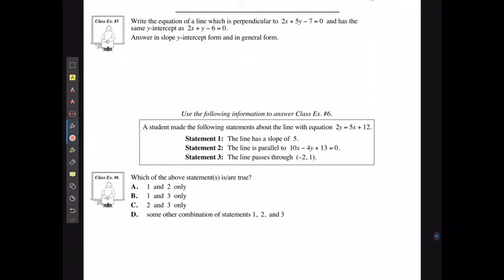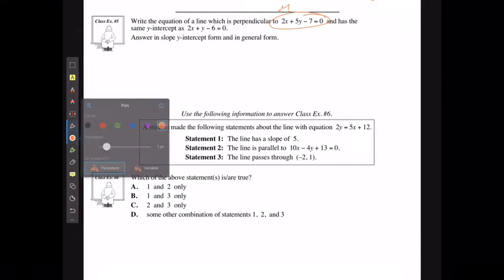For example 5, it says, write the equation of a line which is perpendicular to 2x plus 5y minus 7 and has the same y-intercept as 2x plus y minus 6. Well, the first thing is I need to find the slope from the first one to figure out if it's going to be perpendicular.